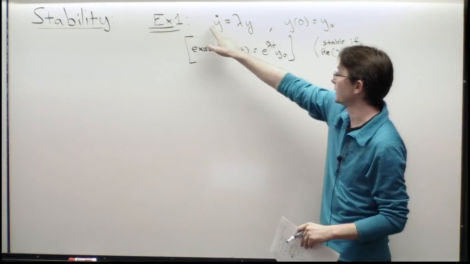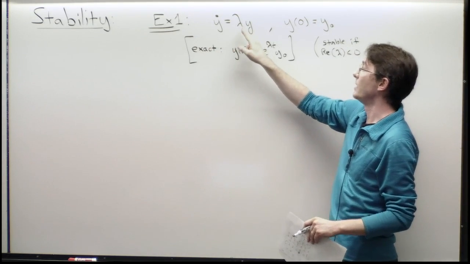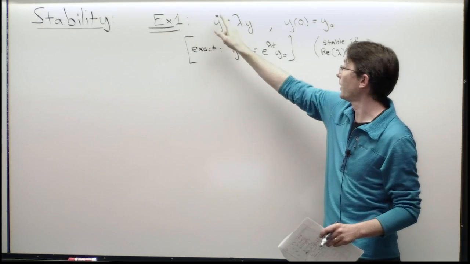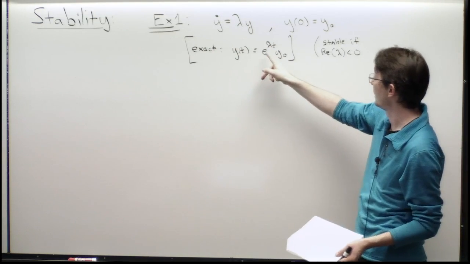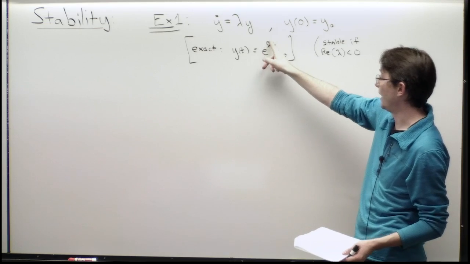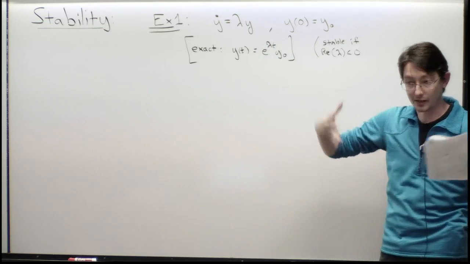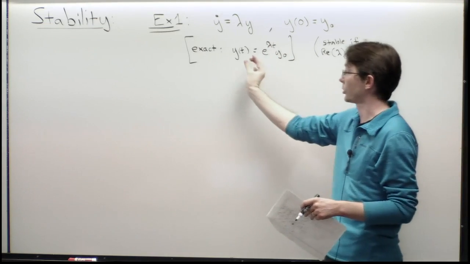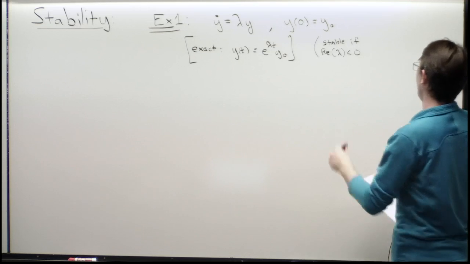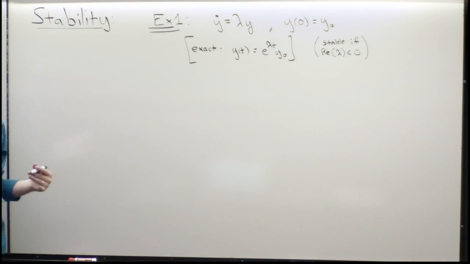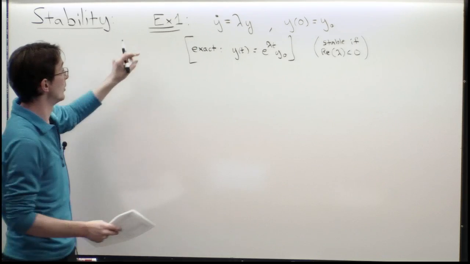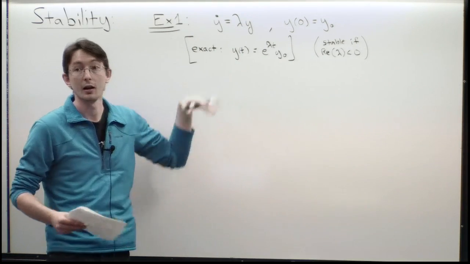For example, if this is y dot equals negative y, or y dot equals negative 10y, then that's going to be stable because e to the negative 10 times some time gets really, really small, and this shrinks to 0. But we are interested in the numerical stability of our scheme. We want to know, do we track the true solution accurately?